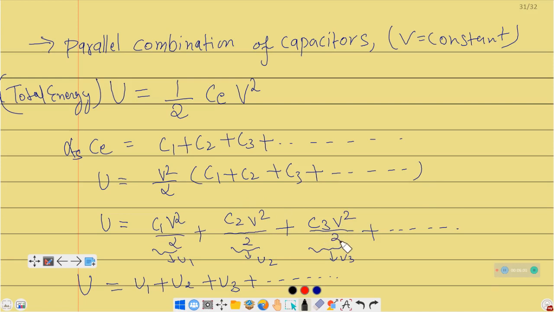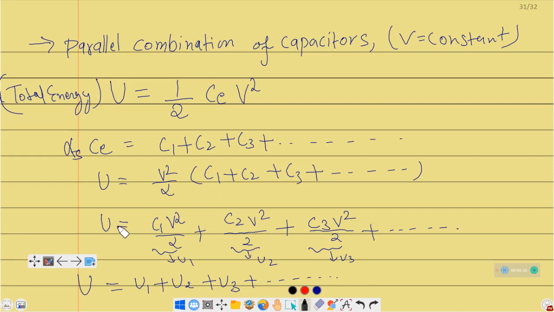We know that half CV square is the energy of a capacitor. So C1 V square upon 2 is the energy stored in the first capacitor, C2 V square upon 2 is the energy stored in the second capacitor, and C3 V square upon 2 is the energy stored in the third capacitor, and so on.